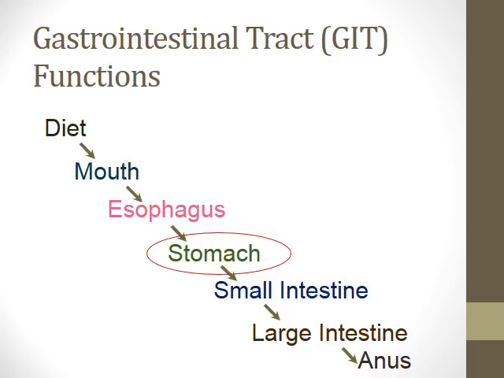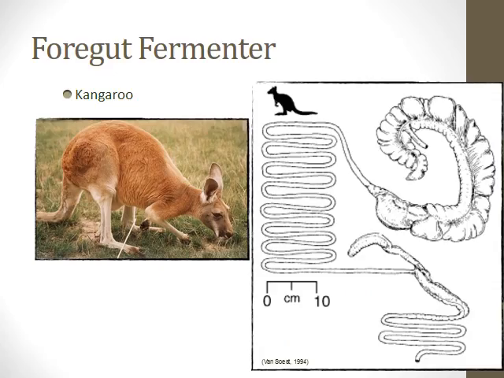So this is the overview of the gastrointestinal tract in general. And what I really want to focus on is the stomach. And the stomach is a place of fermentation for fermenters. Now, one example of a foregut fermenter is a kangaroo. As you can see in this picture, the kangaroo is eating grass, and indeed they're able to ferment that grass in their stomachs.